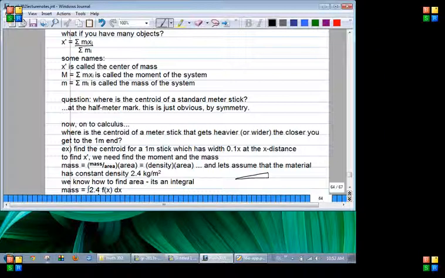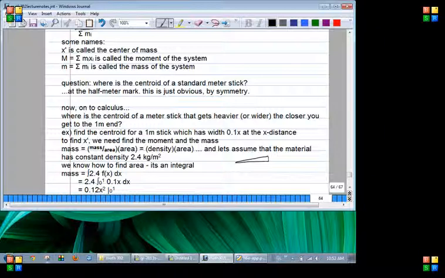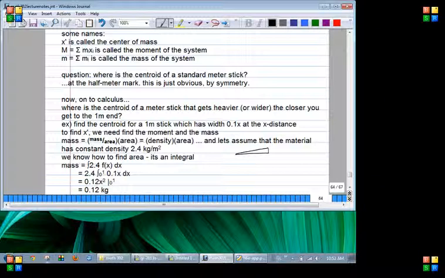But we're not just finding the area, we're finding the density times the area, but the density is just 2.4, so we just stick the 2.4 in there. And so now we just have to calculate that integral. And we do it. So after you use some simplification, you get 0.12, and it's mass, so it's kilograms.